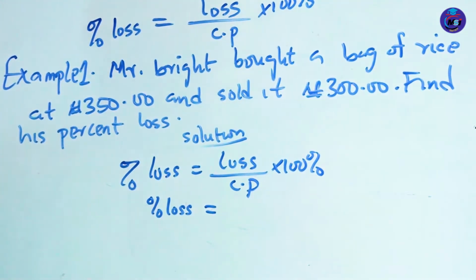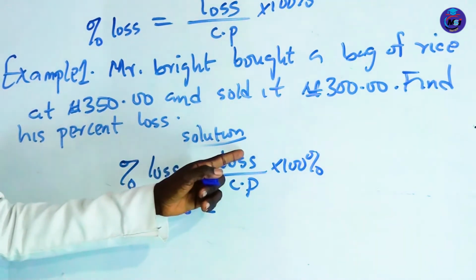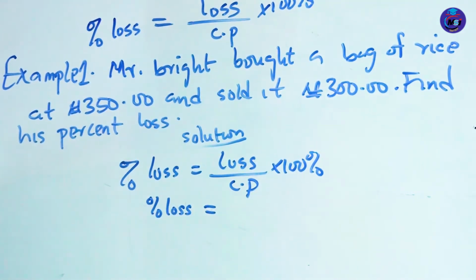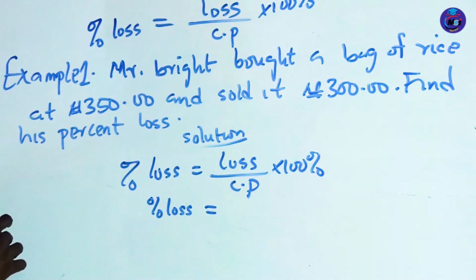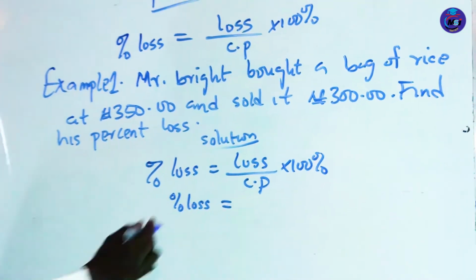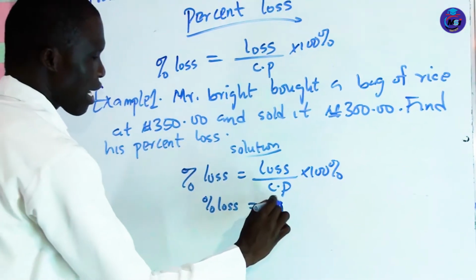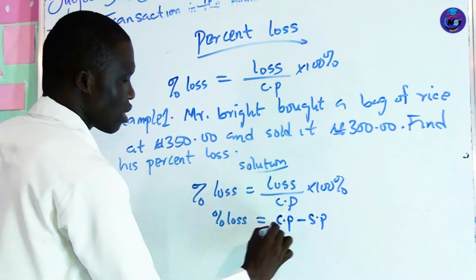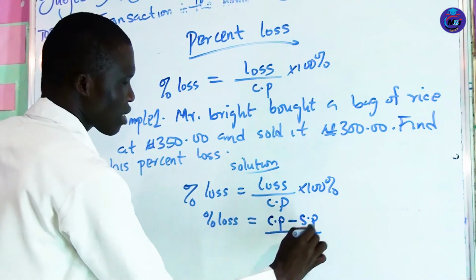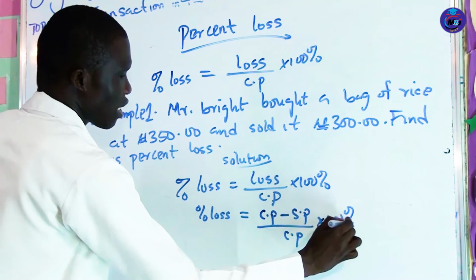You need to know that loss simply means cost price minus selling price. So, cost price minus selling price all over cost price times 100%.